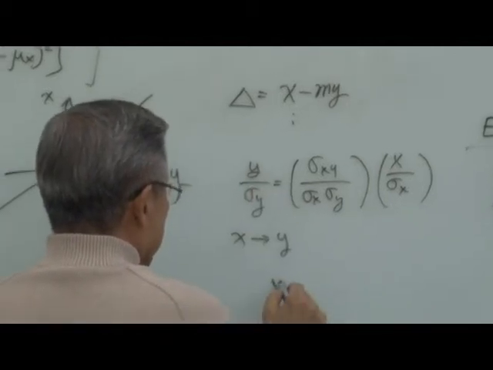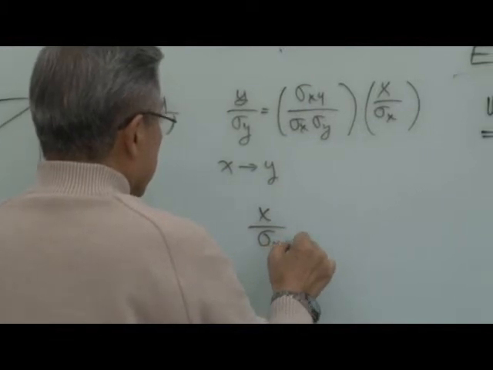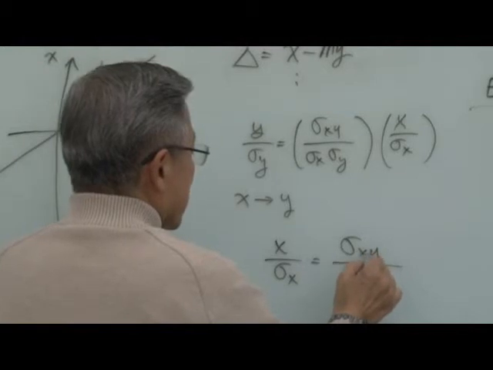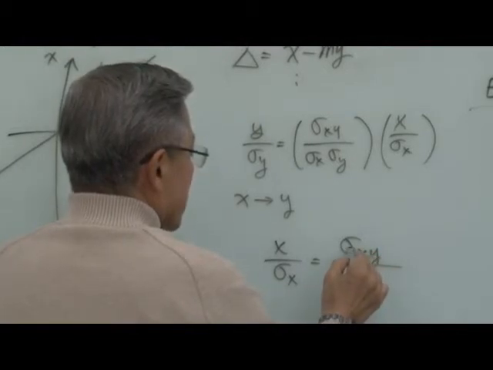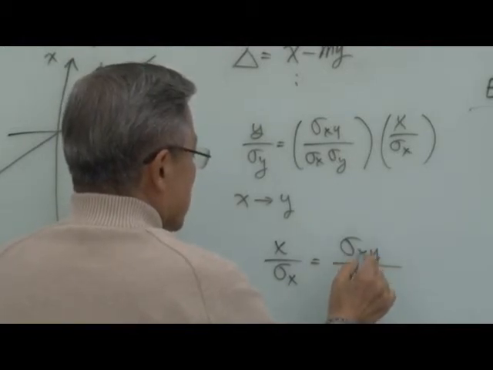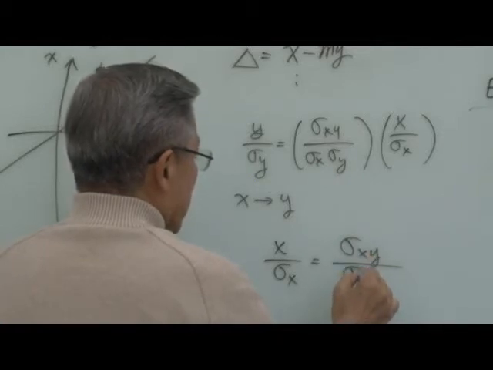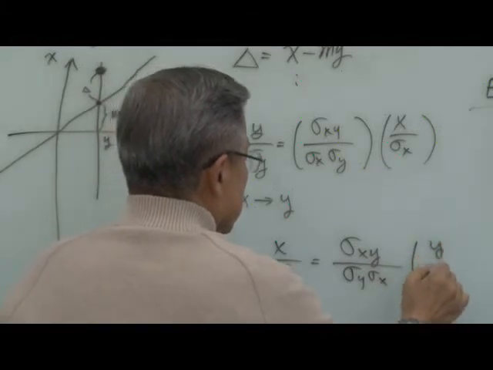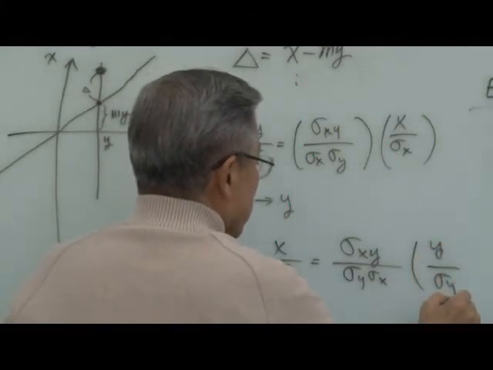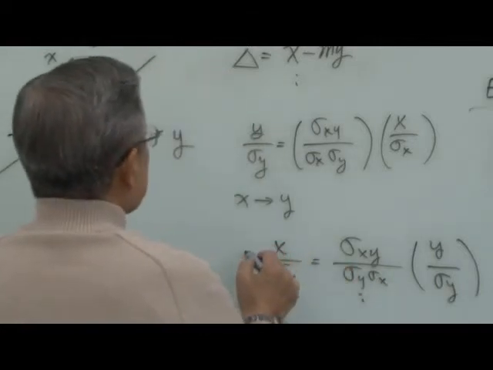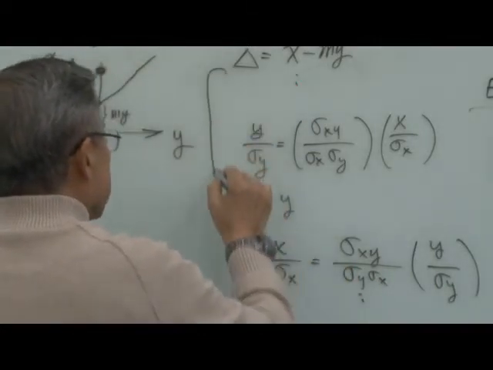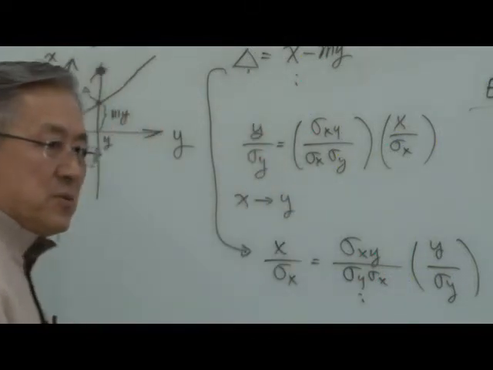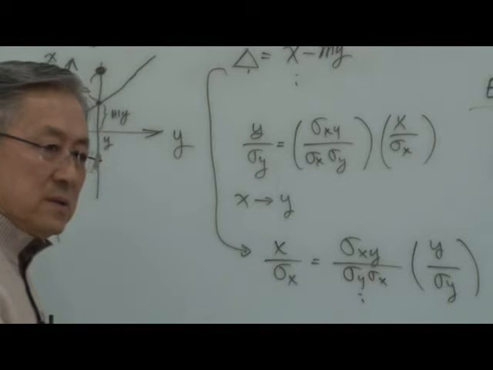this guy will be x over sigma x is equal to this, whether flip or not, x and y, sigma yx is same as sigma xy, and this guy is like that, and this is like this, then this should be the result as a result of the analysis using that delta, minimize the delta, okay?